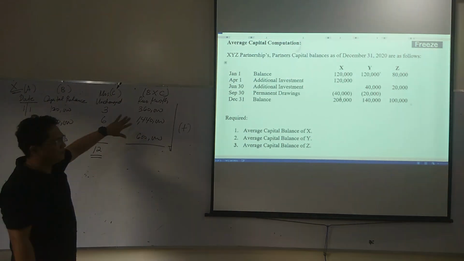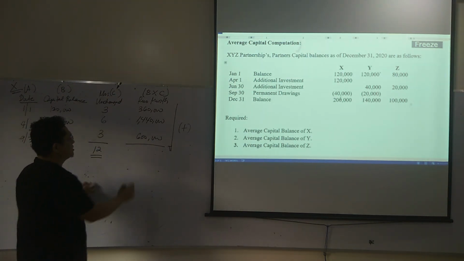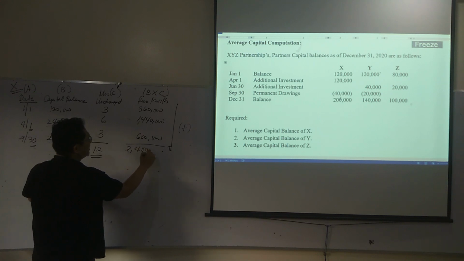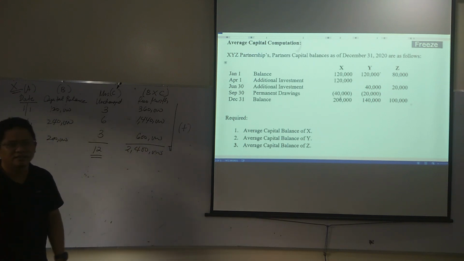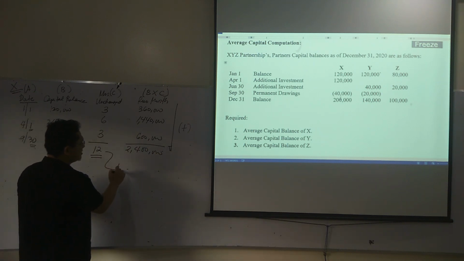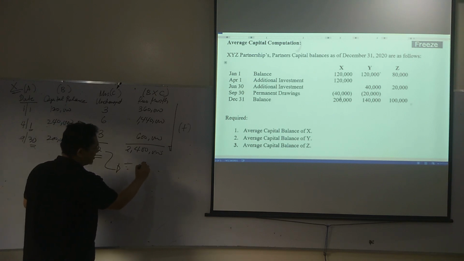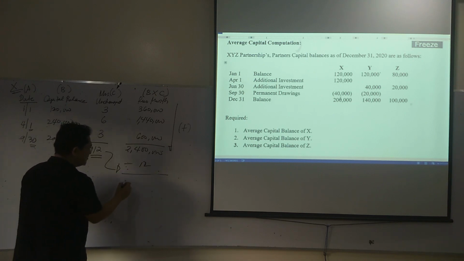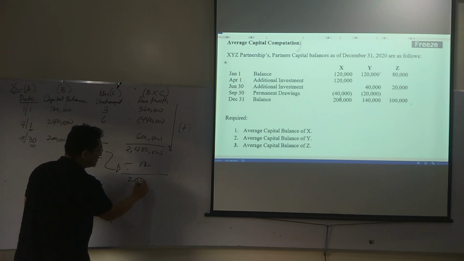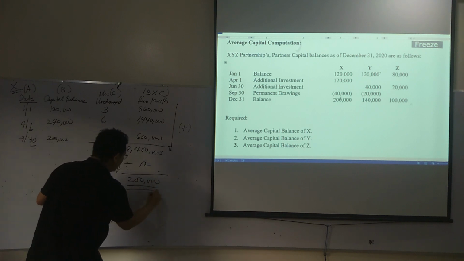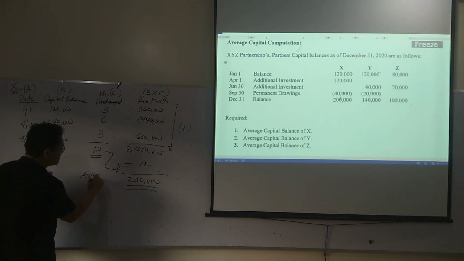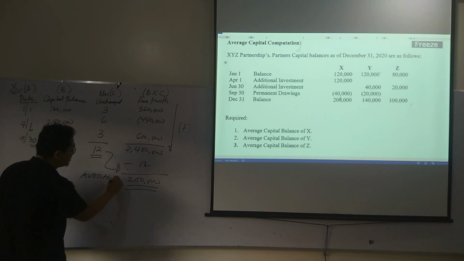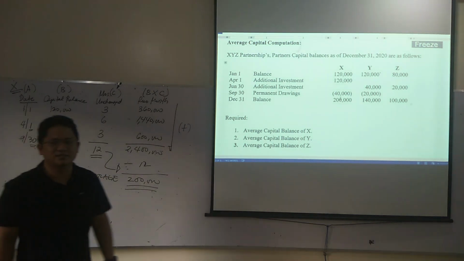Total peso month for X is 2,400,000. Then we divide it by 12 months. So his average capital is 200,000. This is the average capital of X.